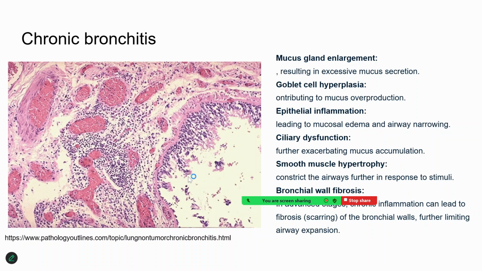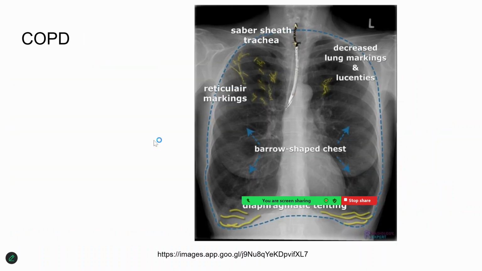Another important issue in chronic bronchitis is that the cilia, which tend to expel out the sputum, become non-functional, and hence there is always a tendency for stasis of the expectoration. The smooth muscles of the trachea become hypertrophied, this red horizontal layer, and the bronchial wall also becomes thickened. These are the microscopic changes which occur in chronic bronchitis.